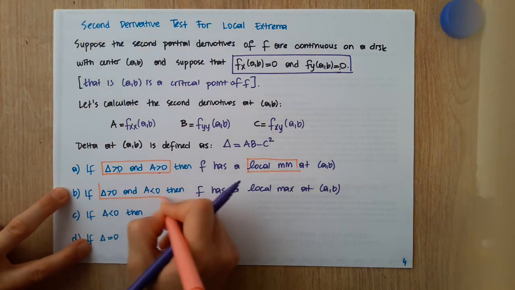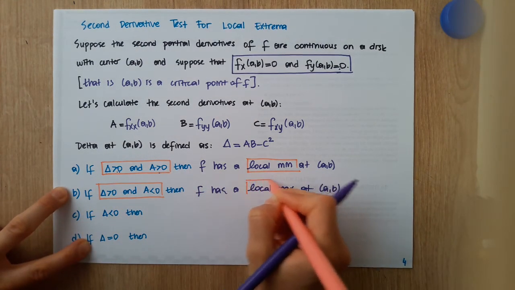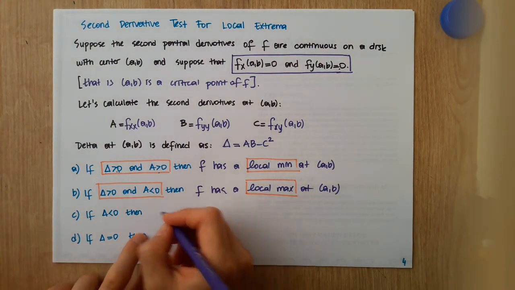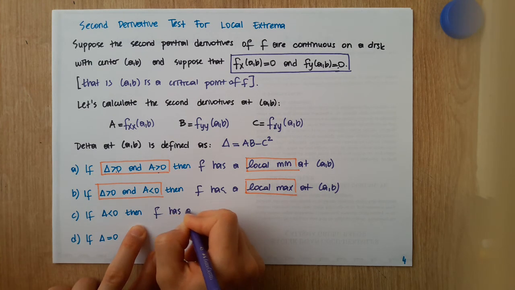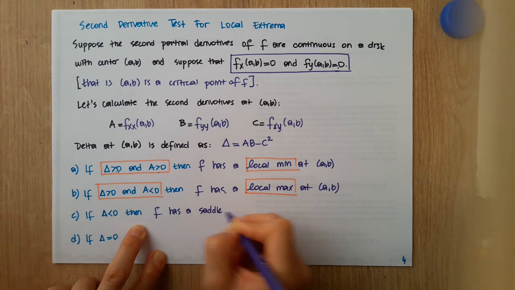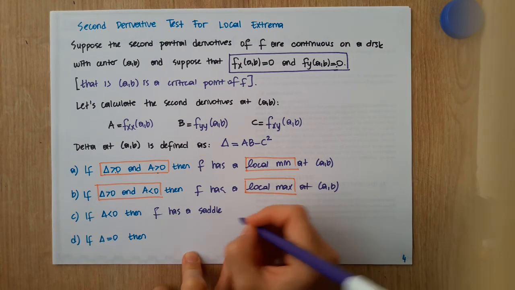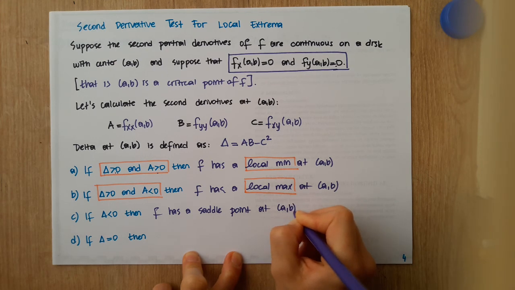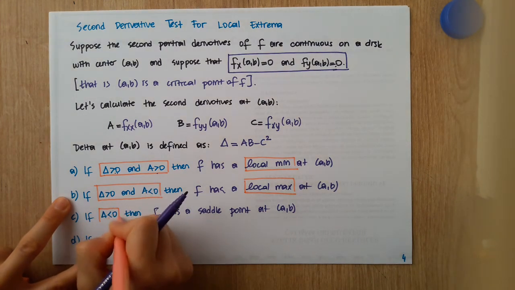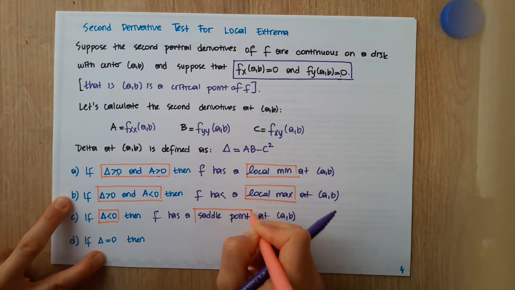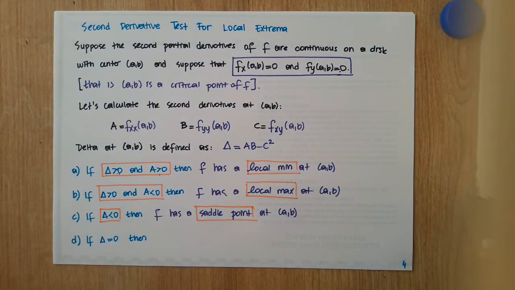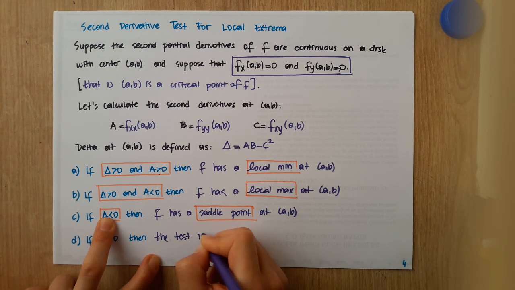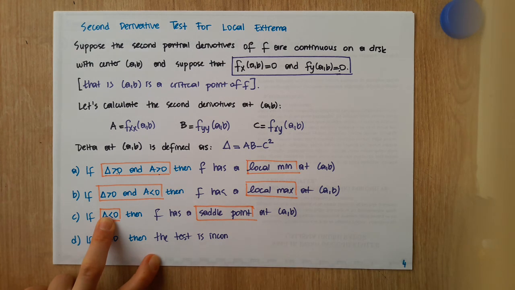And if delta is less than 0, this time f has a saddle point at (a, b). If delta is 0, the test is inconclusive, so you should use the definitions.